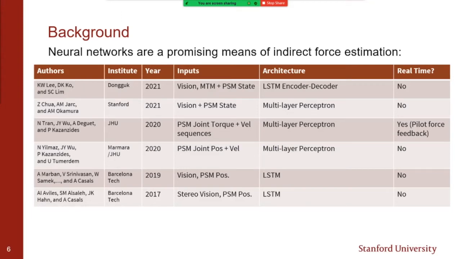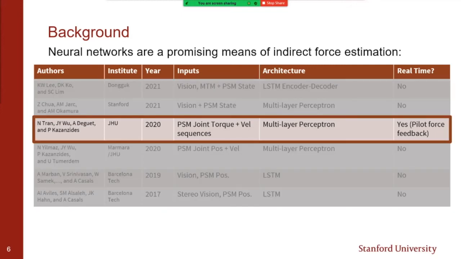One of these works was performed at Johns Hopkins, where they did pilot human subjects tests on force feedback to discriminate some sort of tissue stiffness. For our latest study, we hope to build upon these promising results and contribute more to understanding what happens in real time.